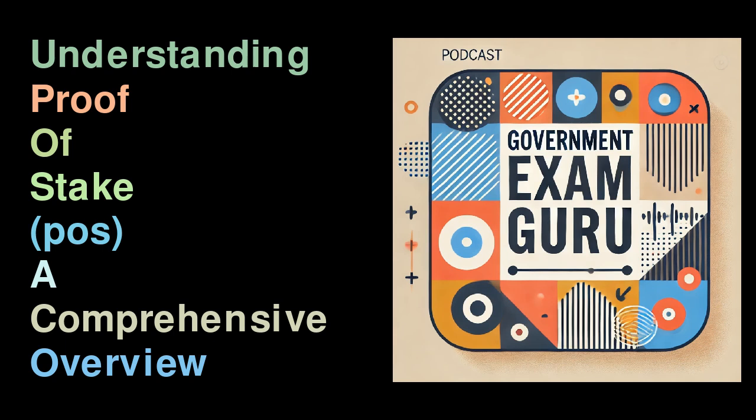PoW has been criticized for leading to centralization where only those with significant resources can effectively mine. PoS opens up accessibility to more participants, promoting decentralization. Network congestion. With less computational power required, PoS can help reduce the congestion issues observed in heavily utilized PoW networks.